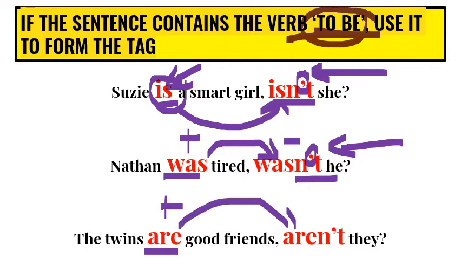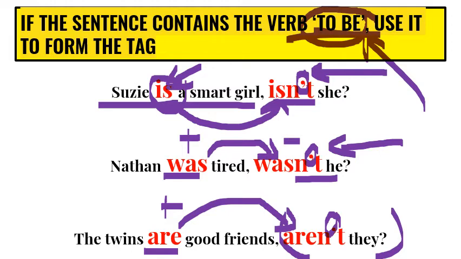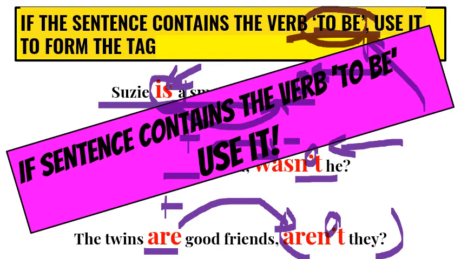I use my form of my verb to be to formulate my question tag. Aren't they? So that is what I do if my statement contains a form of my verb to be. So if my sentence contains the verb to be, use it.